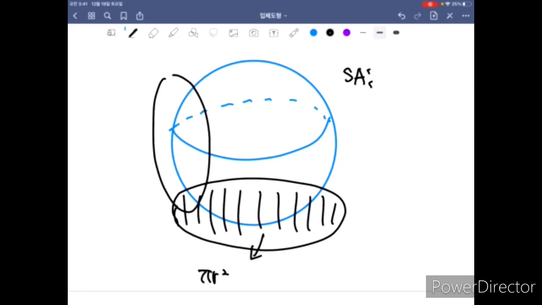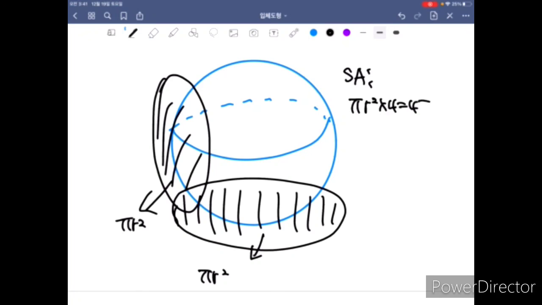So there will be 4 of these shadows, and eventually it will be 4 pi r squared. And we can learn this also by putting yarn on it and putting it in circles, like these kinds of circles.